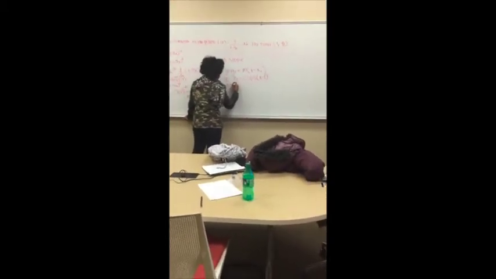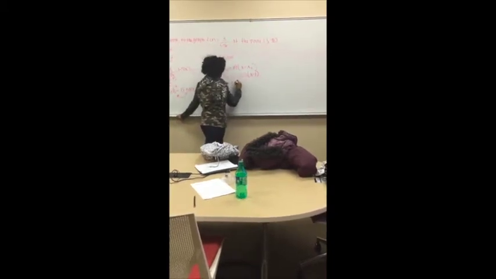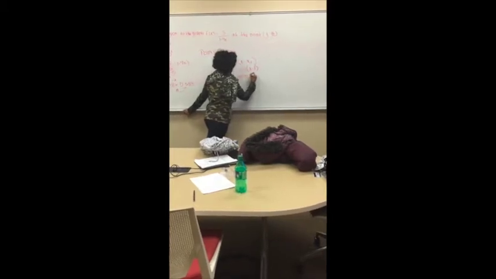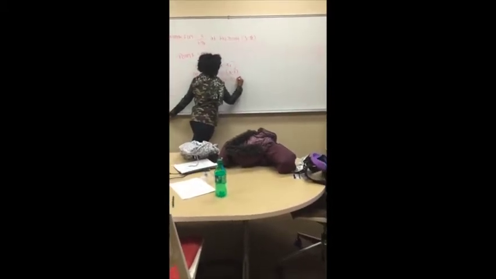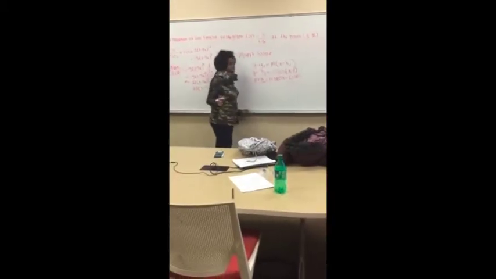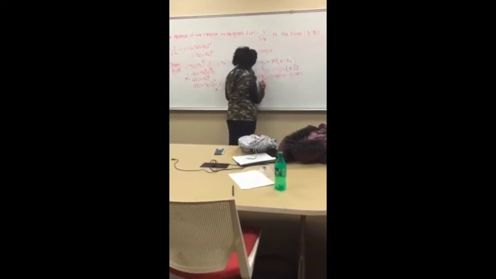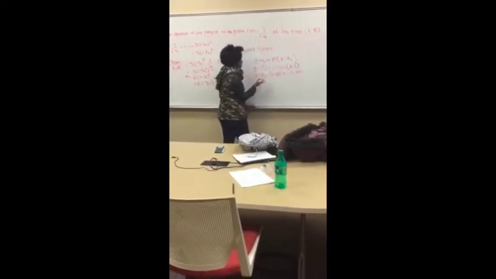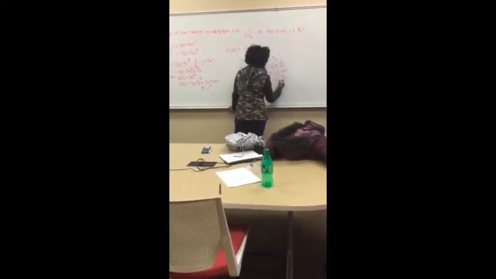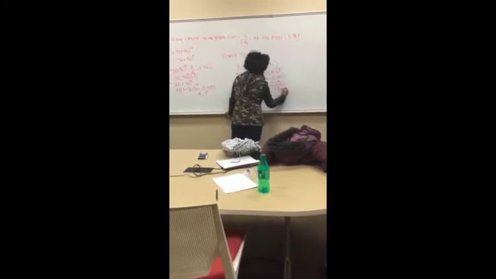Y plus 1/2 equals, distribute, 0.583x minus 0.583. We're going to minus the 1/2, but we're just going to change it to 0.5 since this is in decimal form. So 0.5, that's the same as saying 1/2, and that will give you negative 1.083.